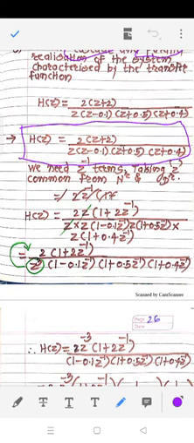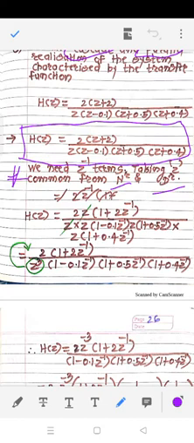what you observe, there are no z inverse terms. So this is a very important step. We need z inverse terms, taking z common from numerator and denominator. So from each z term we will take common z.